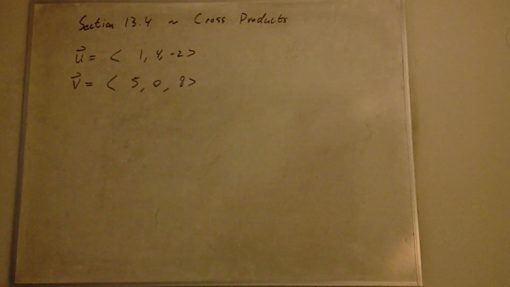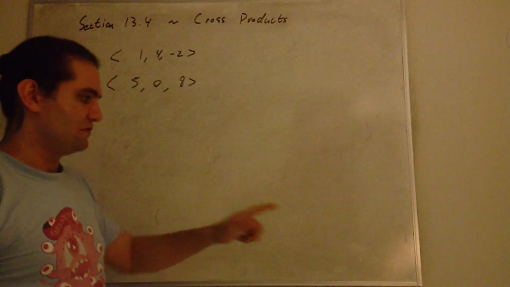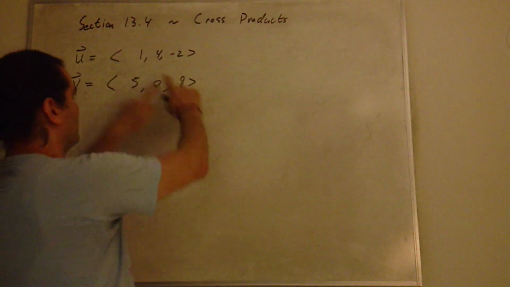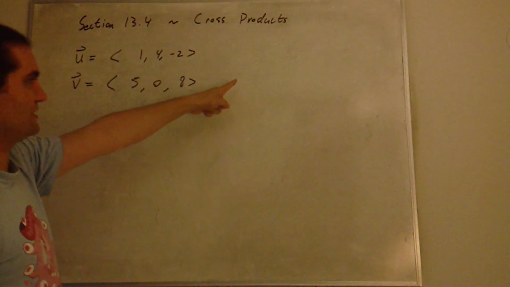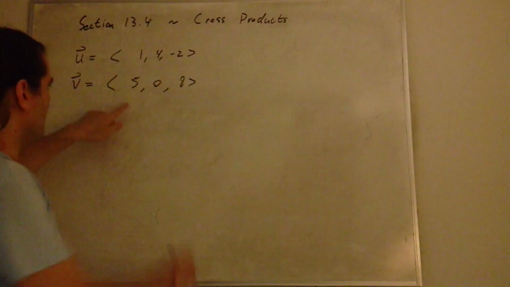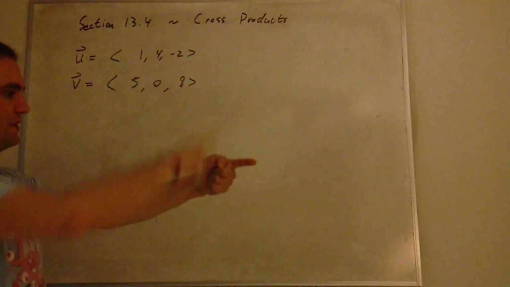These are two three-dimensional vectors. One of them points right and up and back, I guess. One of them is kind of pointing in that direction. One of them points left and out. One of them is pointing straight in this direction without going up at all.